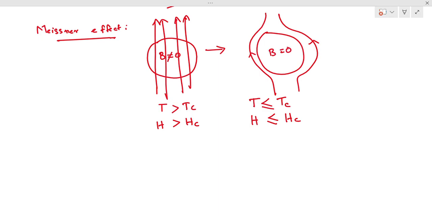Thereby, the magnetic flux density of the same material becomes 0. Thus, it behaves as a superconductor.